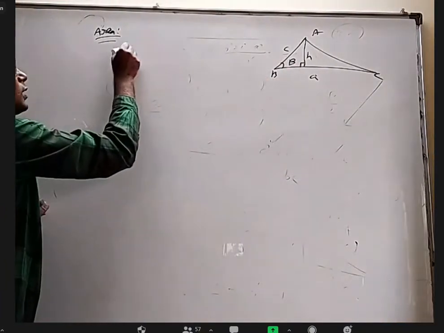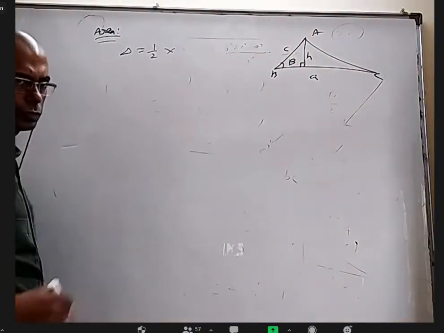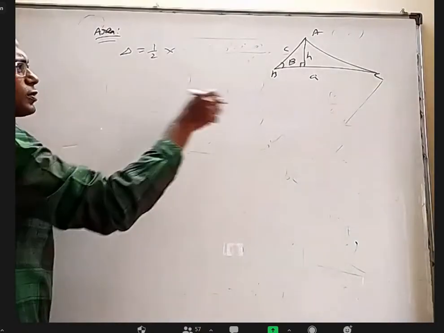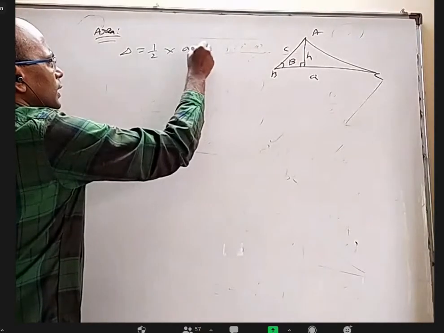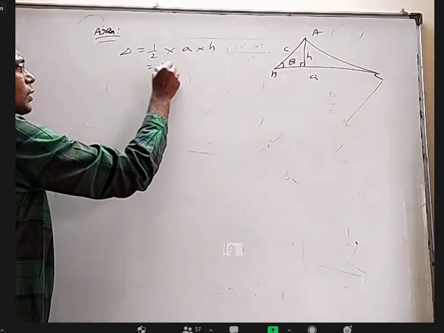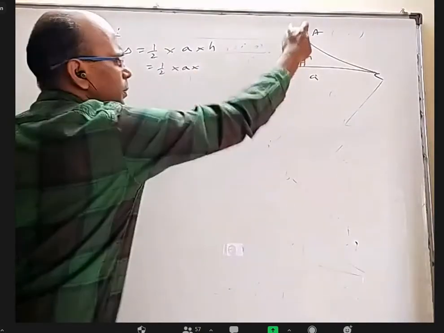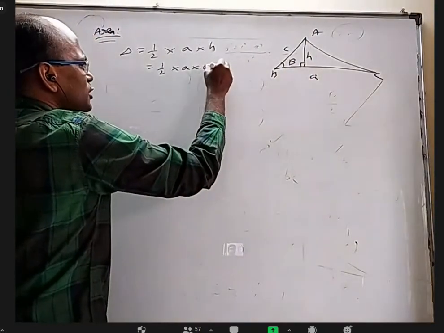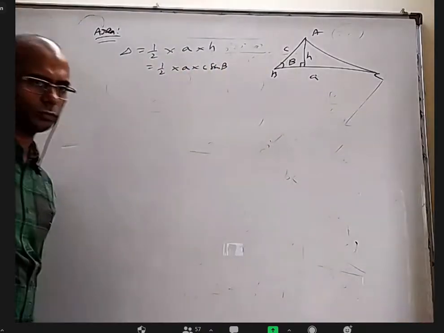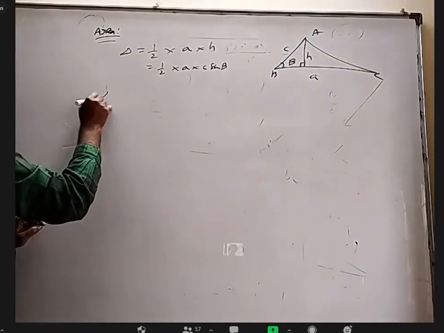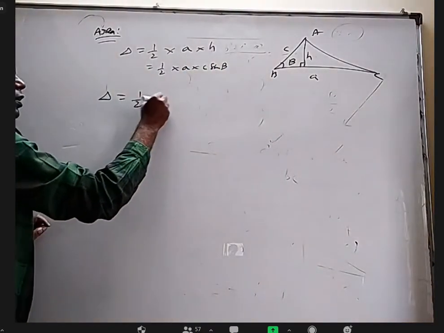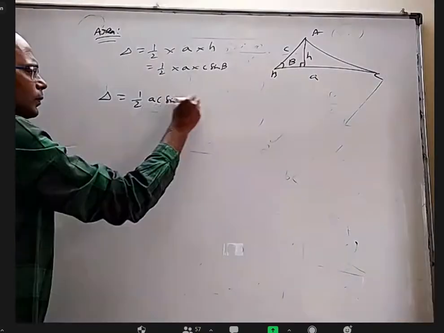So delta is equal to half into base into height. Base is small a and height is h. Half into a into, in the place of height I can write c sine B. Basically this is a formula, delta equal to half ac sine B.